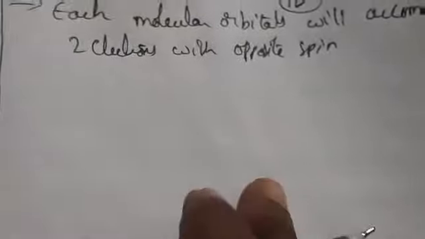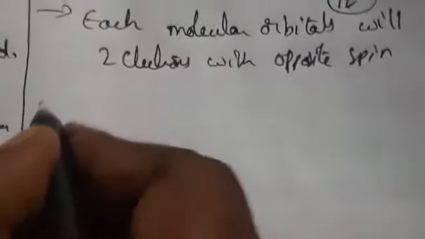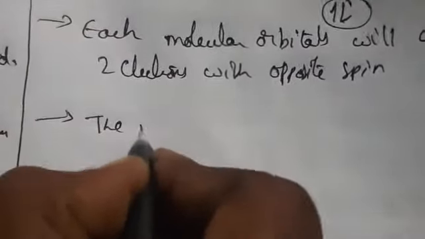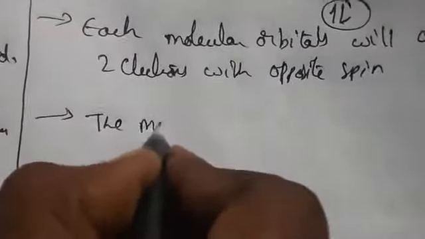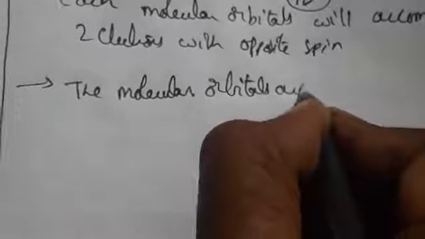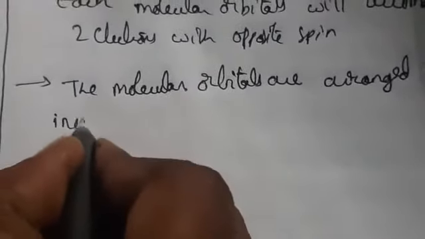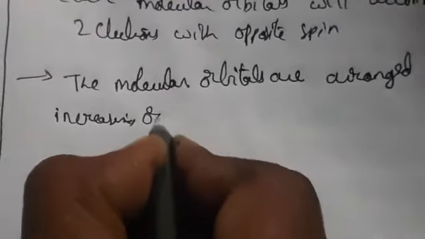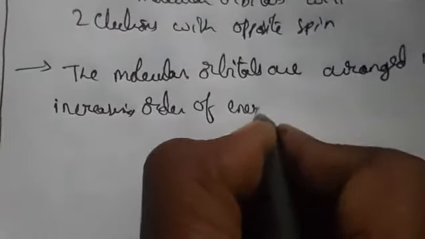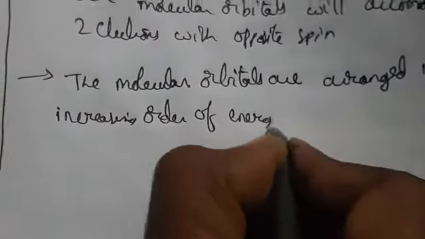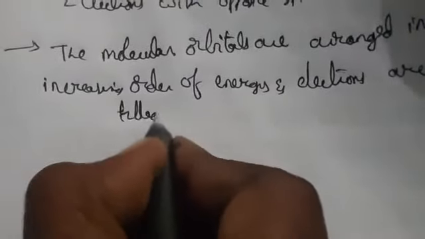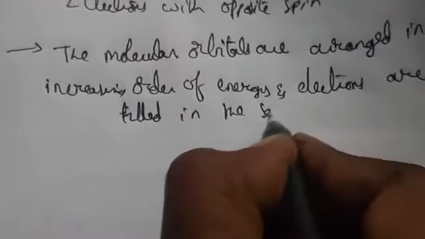So here the molecular orbitals are arranged in increasing order of energy, and the electrons are filled in the same order.